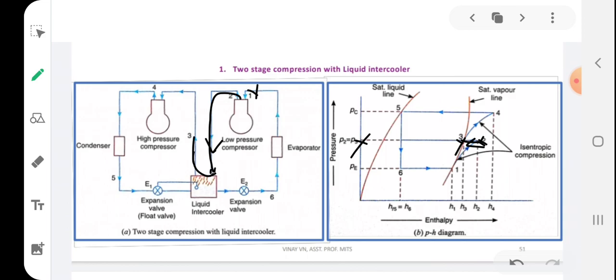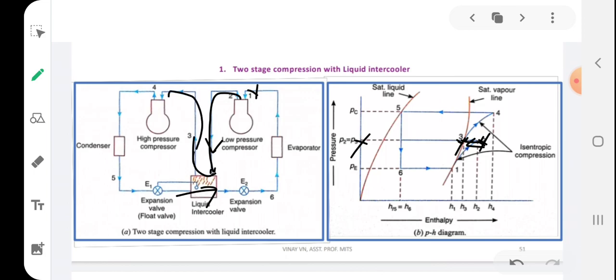So at 2 it is superheated, at 3 it is dry saturated. How is this superheated vapor cooled? It is cooled using the liquid coming from the condenser. You will get the idea soon.